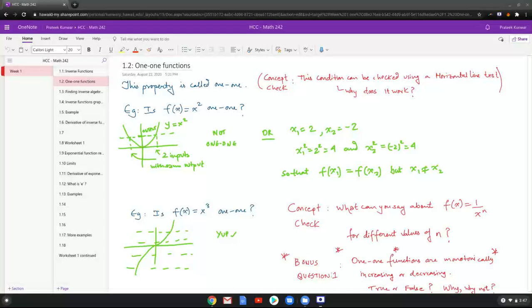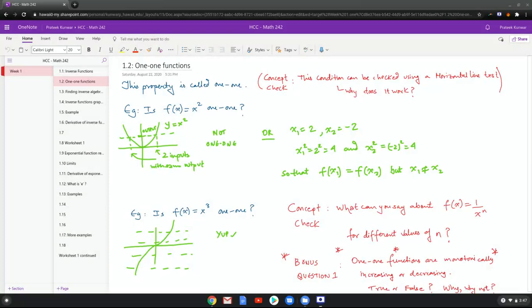This is bonus question number one for this lecture. The statement is that one-one functions are monotonically increasing or decreasing. The definition of monotonically increasing or decreasing, what you've seen in Calc 1, is either in terms of the derivative being positive or negative, or you think of them as functions which are never constant at any two given points.